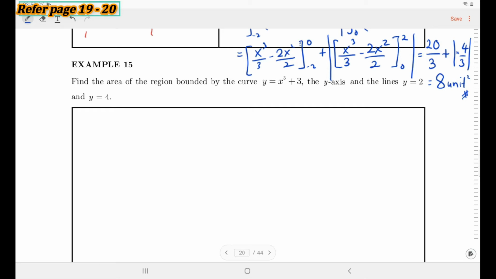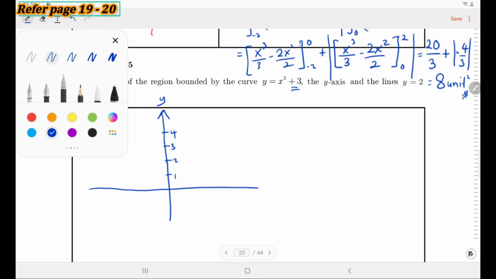For the cubic function plus 3, the y-intercept is 3, when x equals 0, y equals 3. Here is the y-axis, I scale here 1, 2, 3, 4.